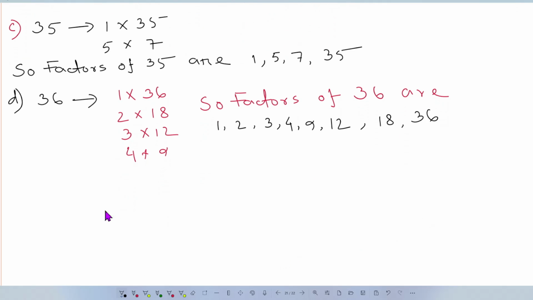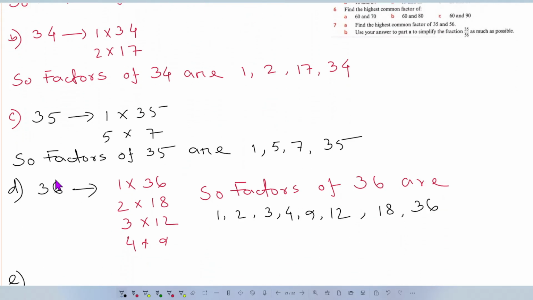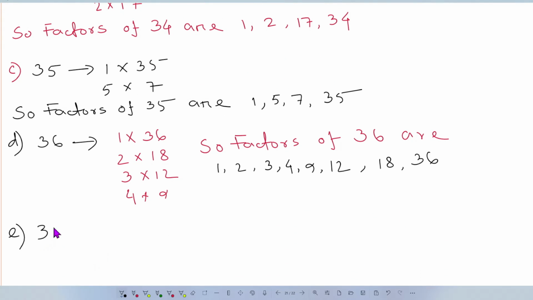And finally number E, here is 37. So 37 is a prime number, so here factors are only 1 and itself, 37.